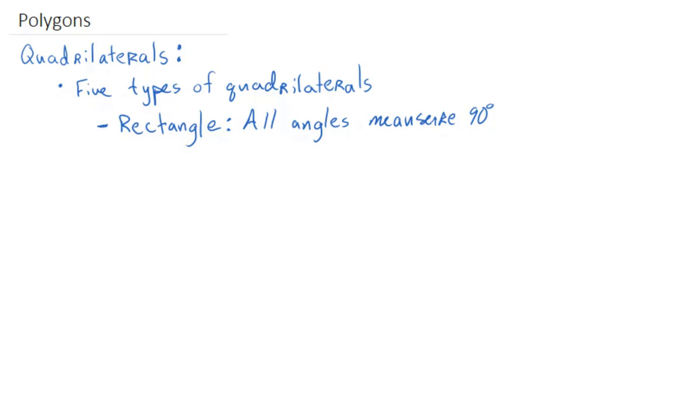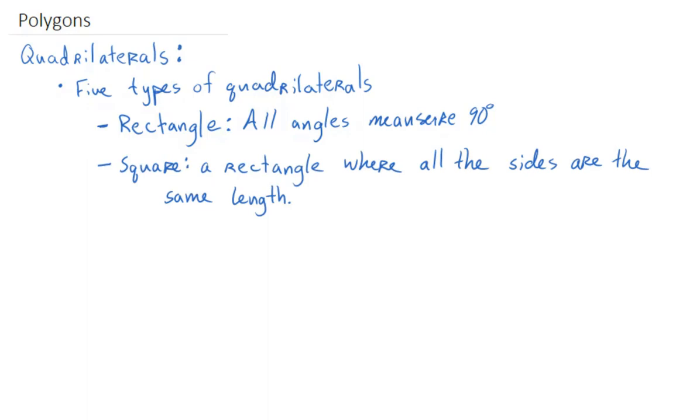I also want to emphasize before we go on to a square that a rectangle has no restrictions on the side lengths. So it doesn't say anything about the side lengths, it's just that all the angles have to measure 90 degrees. Okay, so then a square is a rectangle where all the sides are the same length. So here, what that means is that a square is a rectangle, but a rectangle is not necessarily a square.